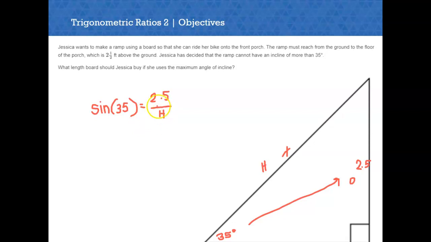Well, the one that I'm missing is low, so I'm going to divide. So in my calculator, I'm going to put 2.5 divided by sine 35. And that's going to tell me that my ramp is going to be 4.36 feet.